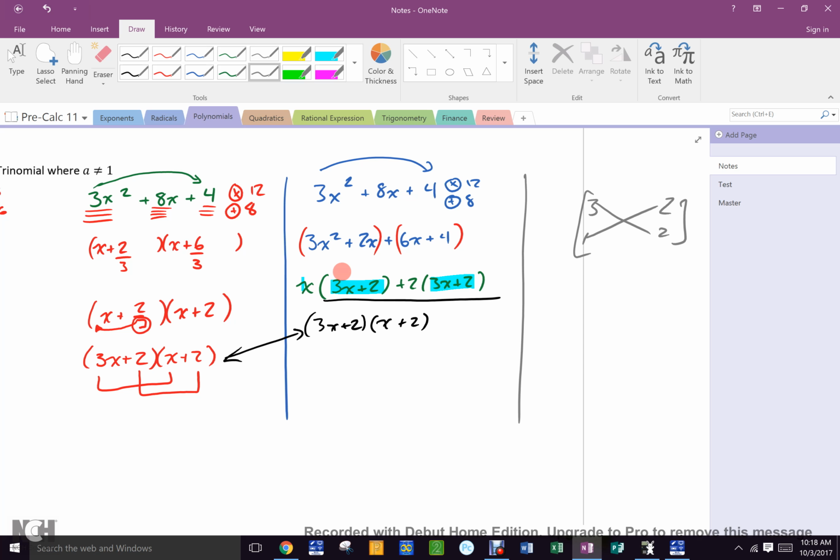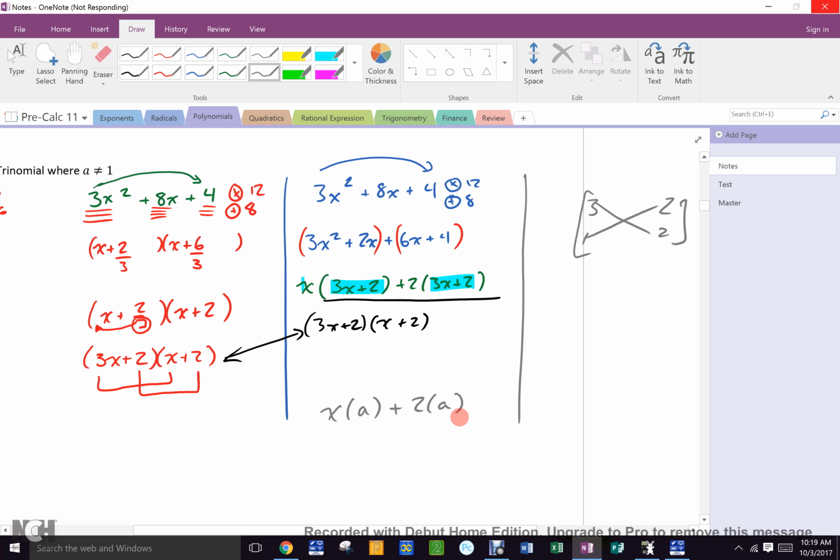Yes. In the second method, what do you do to get that black? Well, if I gave you this, okay, watch. If I gave you x times a plus 2 times a, the a is the same in both, right? So I'm going to divide by a. Now remember, when we do greatest common factor, when we do our dividing, the thing we're dividing goes outside, right?